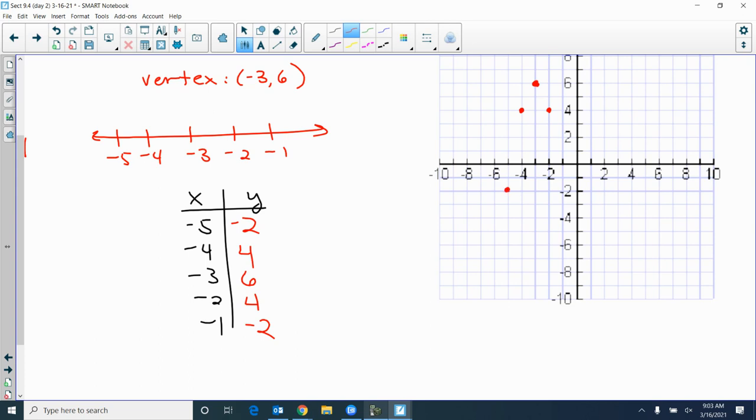Okay, and -3, 6, -2, 4, and then -1, -2. So that should happen, that those two are the same. So it should open down. All right, now this is the last piece, and I hope you feel better. I feel better. I think we got a little bit better handle on it.